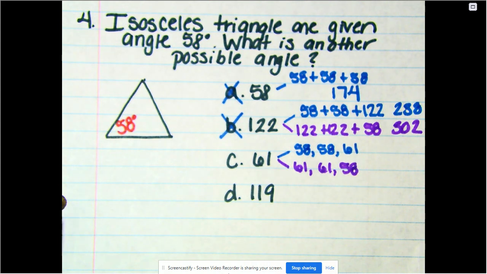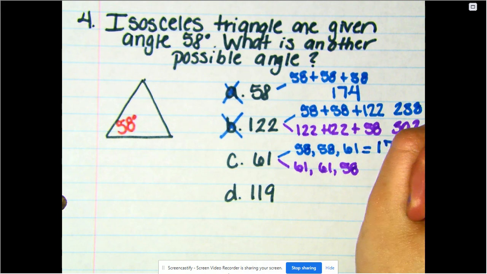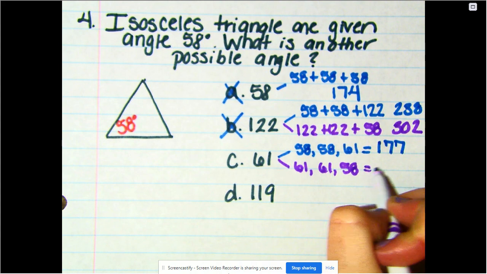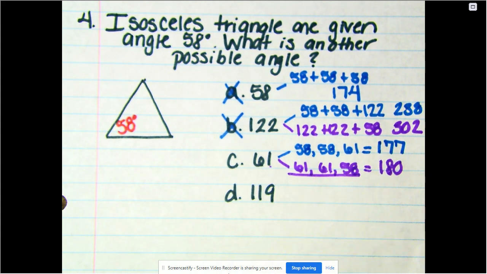So let's first test it out. 58 plus 58 plus 61 is 177. Okay, now let's try 61 plus 61 plus 58. That comes out to be 180. So 61 did work in this scenario of 61 repeating.